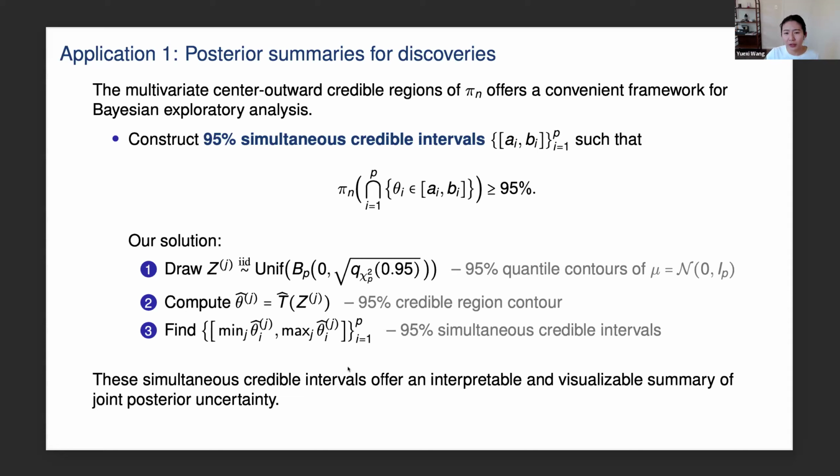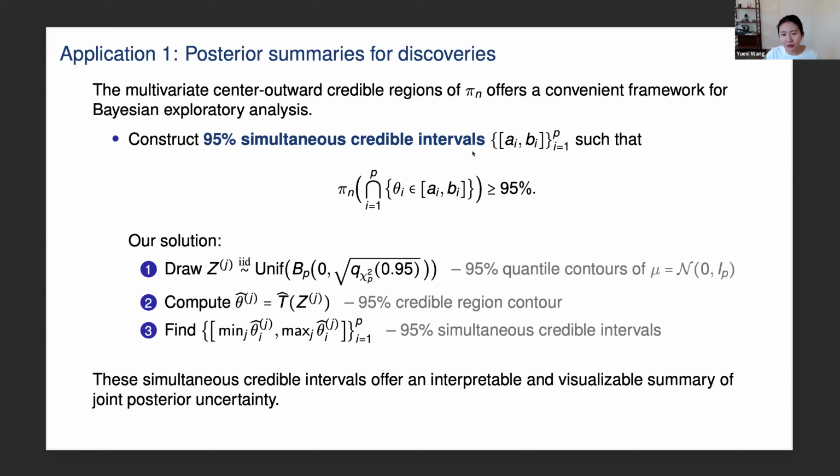The first one is you can use these quantiles to construct 95% simultaneous credible intervals. Actually, I saw Galen Jones mention this concept a few weeks ago. Essentially, here I want to construct coordinate-wise intervals. So I could construct a_i, b_i for every theta_i.